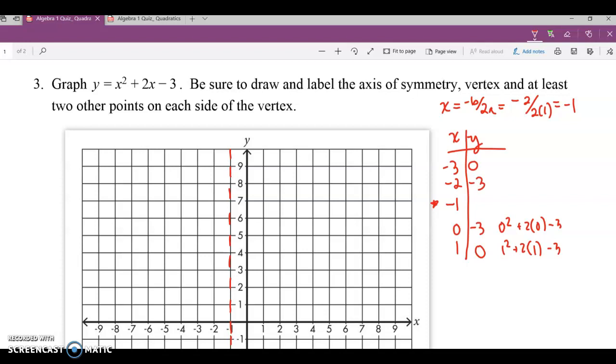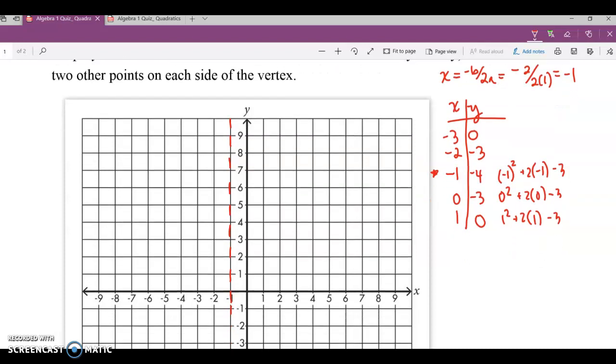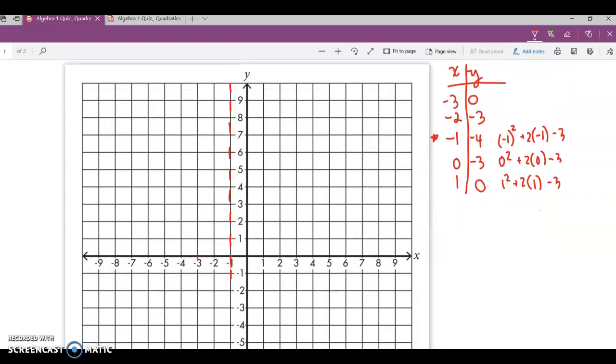And then finally, my most important point, I plug in negative 1. When I plug in negatives, I always put parentheses around them, so I make sure that I follow the order of operations. And this would give me 1 minus 2 minus 3, so that's a negative 4. So these are the points that I'm going to graph. Negative 3, 0; negative 2, negative 3; negative 1, negative 4, that's right on the axis of symmetry; 0, negative 3; and 1, 0.